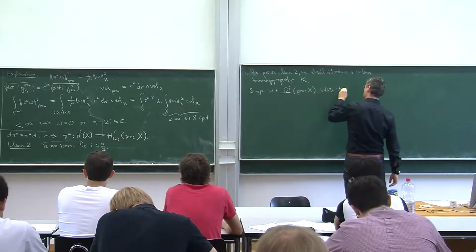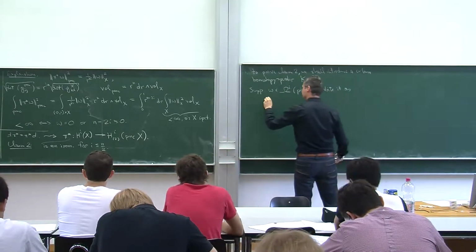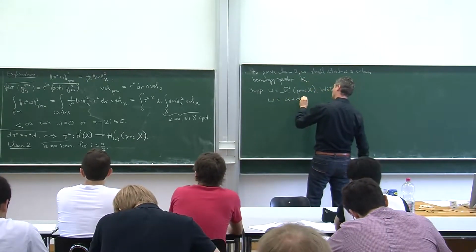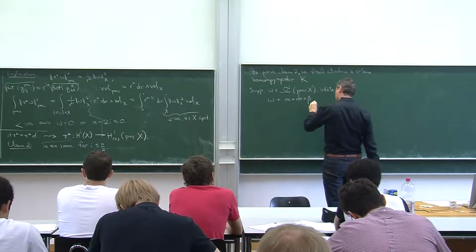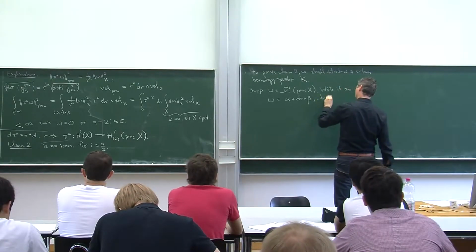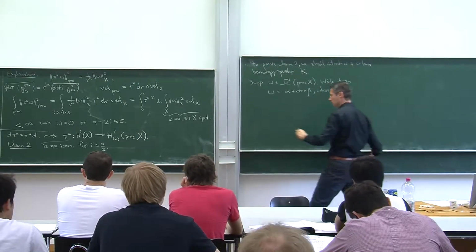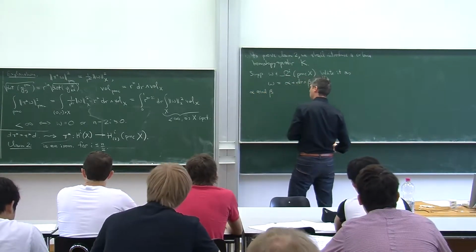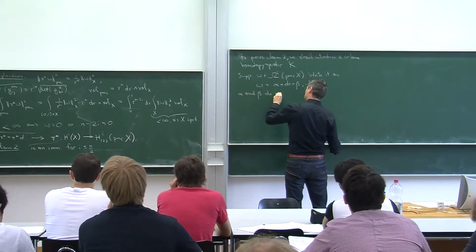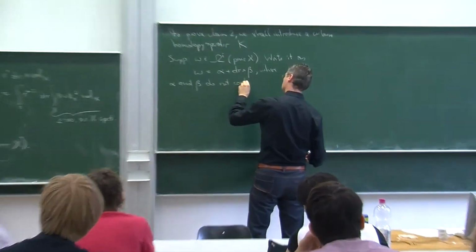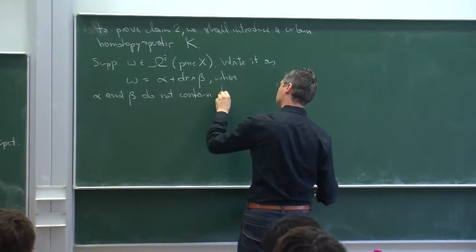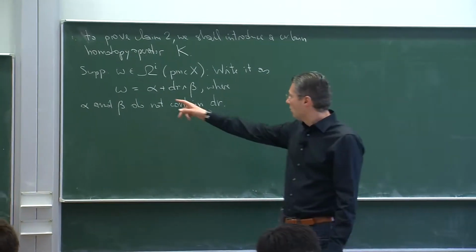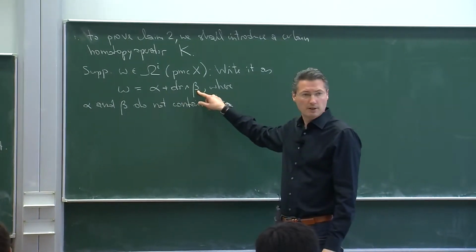Then write it as alpha plus dr wedge beta, where alpha and beta do not contain dr. So alpha is an I form also, but notice that beta is an I minus 1 form.